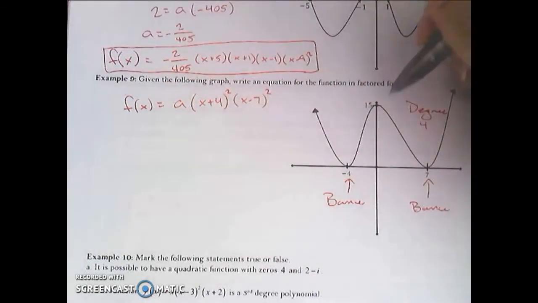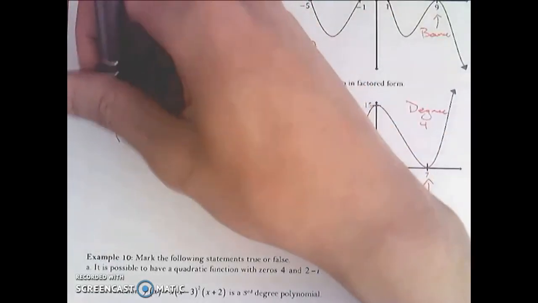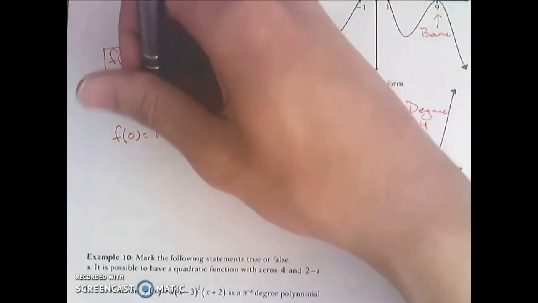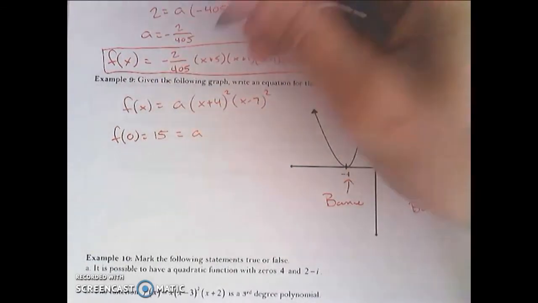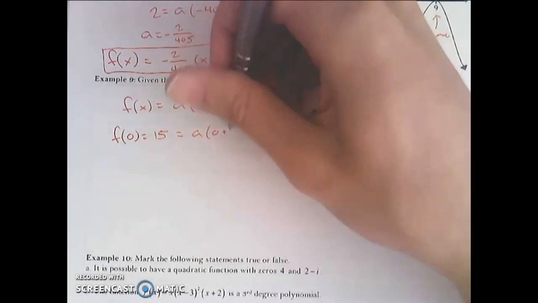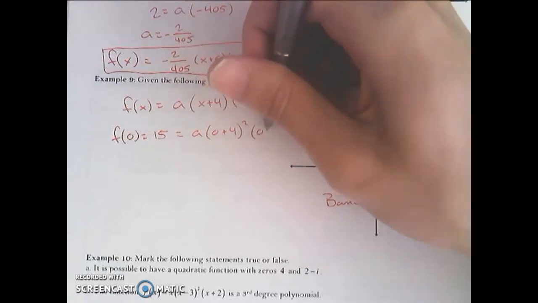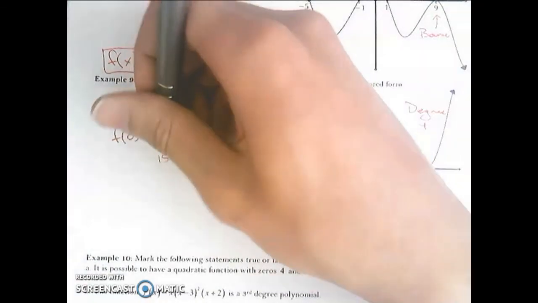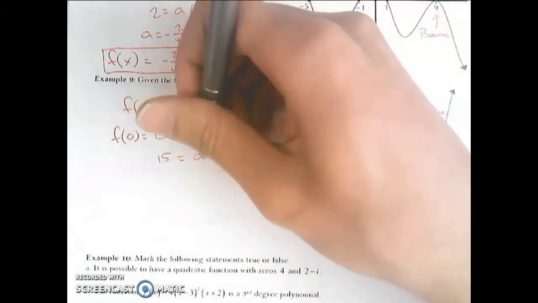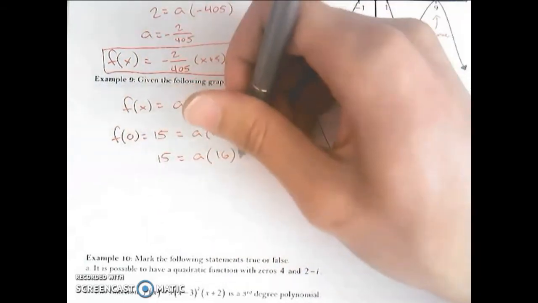We know that our y-intercept is 15, so we're saying f of 0 equals 15, which is equal to our equation where x equals 0. So 0 plus 4, quantity squared, and 0 minus 7, quantity squared. So solving for a, we have 15 equals a times 16 times 49.